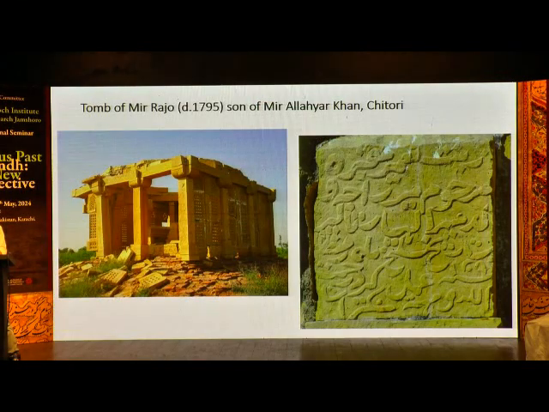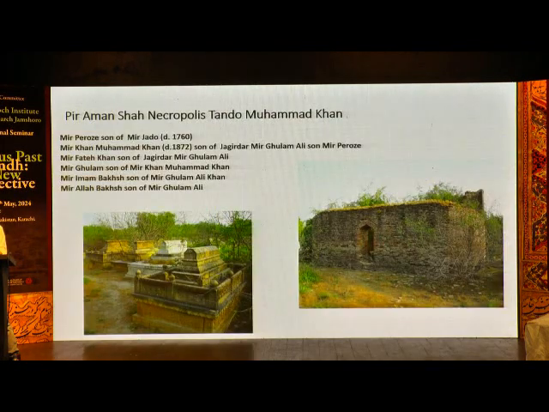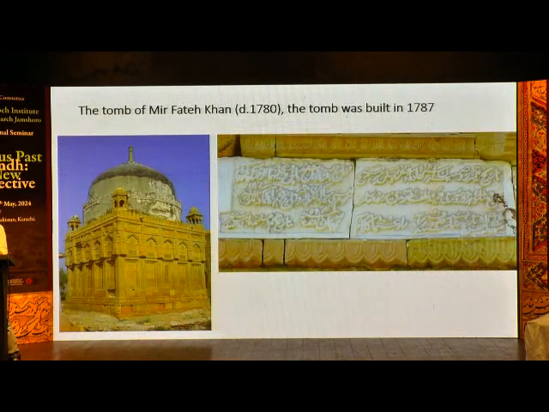So now this is another interesting structure that belongs to Mir Rajo, son of Mir Alayar, who died in 1795. Now we move to another impressive structure that belongs to Mir Fateh Khan, who was killed by the Kalhodas.